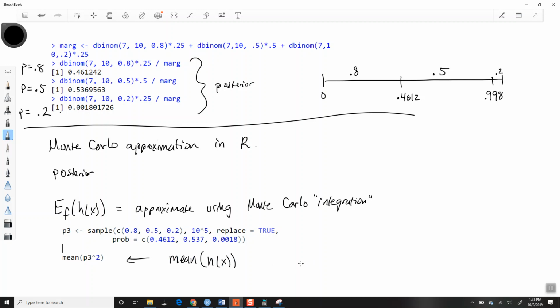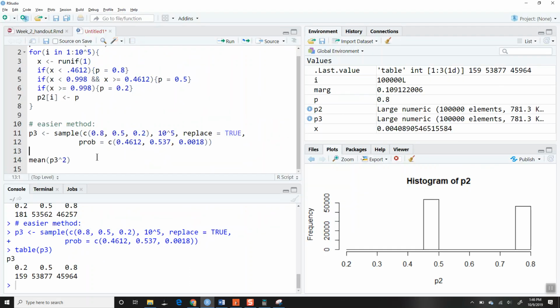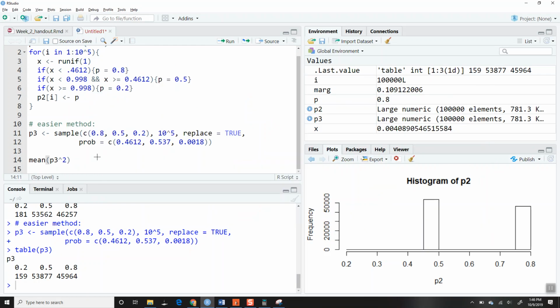And this will approximate this because in here, x is being drawn from our posterior distribution. Okay, and so what we're hoping for is that this will be close to the solution that we found earlier, which, what was it, 0.429 or something?